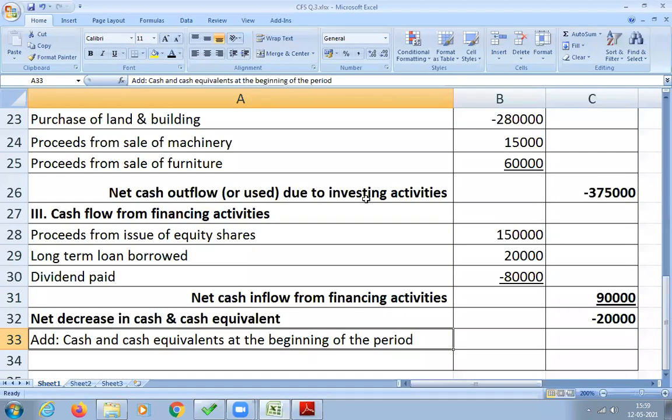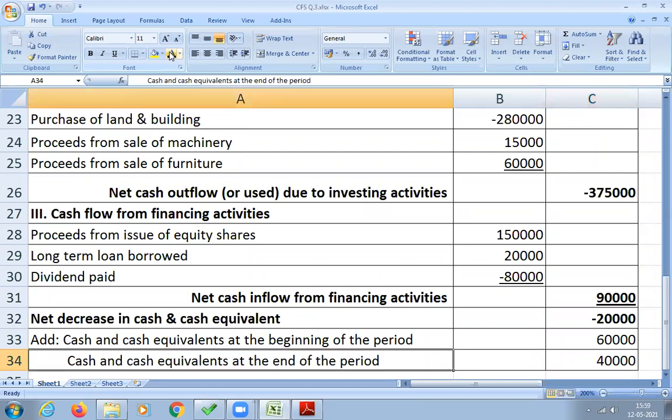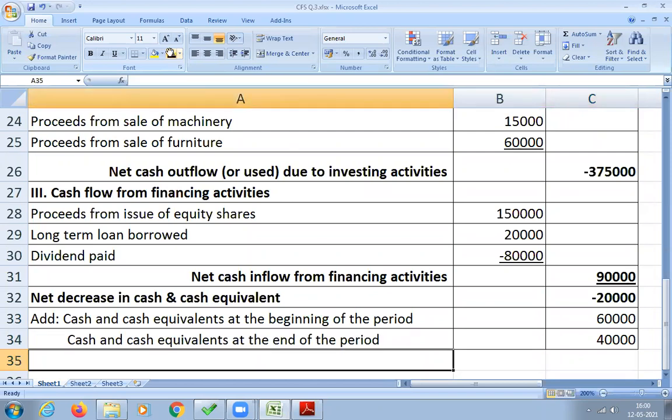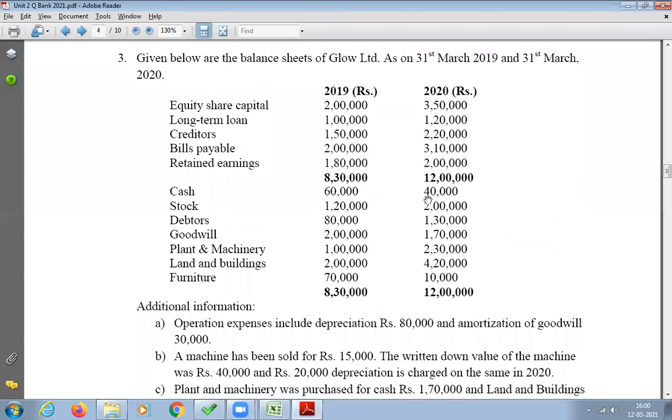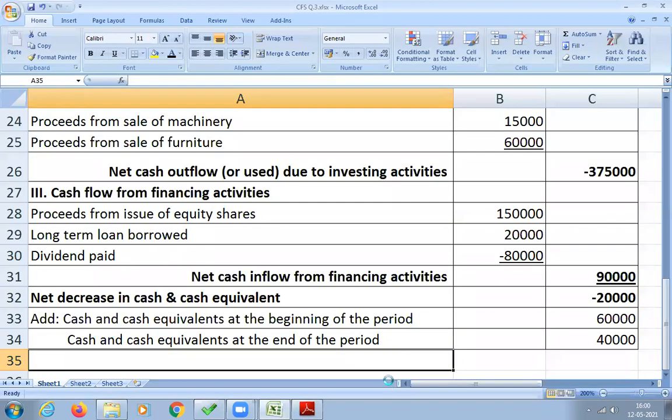So when I add 60,000 to minus 20,000, how much are you getting? 40,000. So this is your closing balance. Check whether it is correct or not. Did you get 40,000? Correct. That means our answer is correct. Clear?